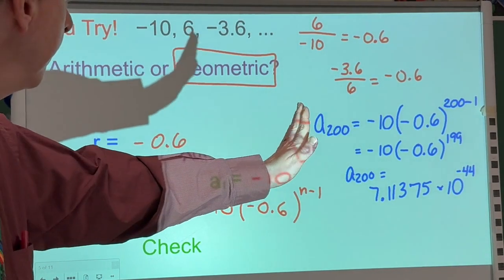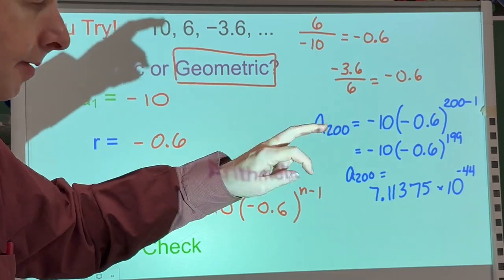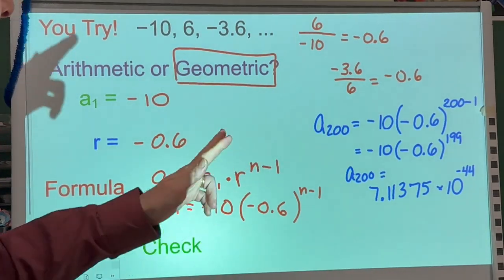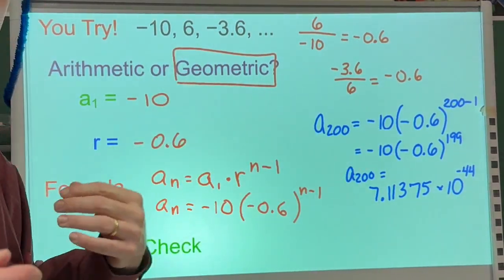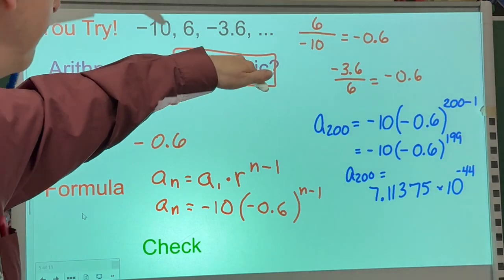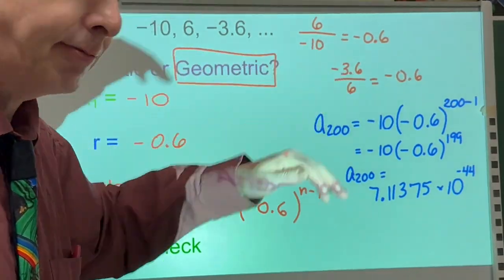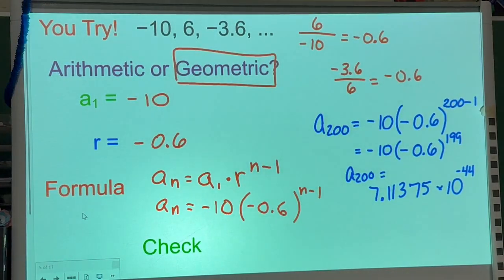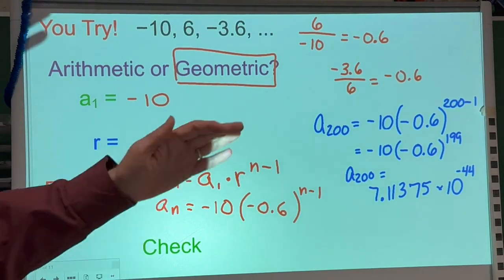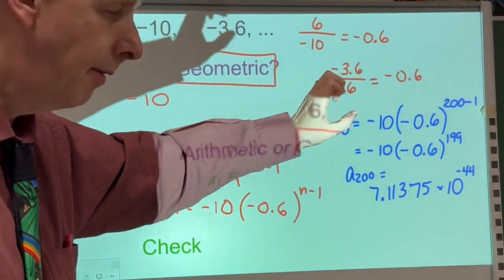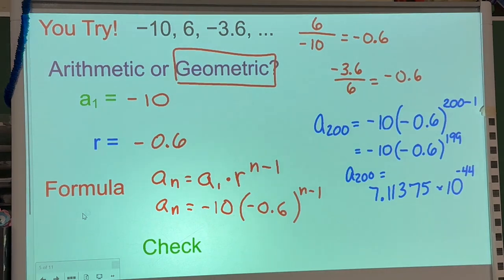Well, notice that the numbers are decreasing, but they're increasing, decreasing, increasing, decreasing. But the magnitude, the 10, the 6, the 3.6, it's getting smaller every time. If I were to ignore the positives and negatives, the actual number is getting smaller. That's why this one is a tiny, tiny, tiny, tiny decimal.